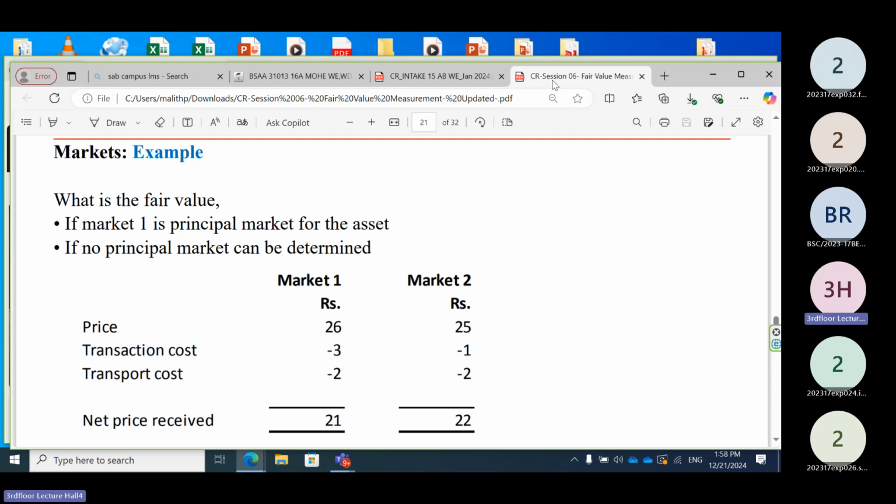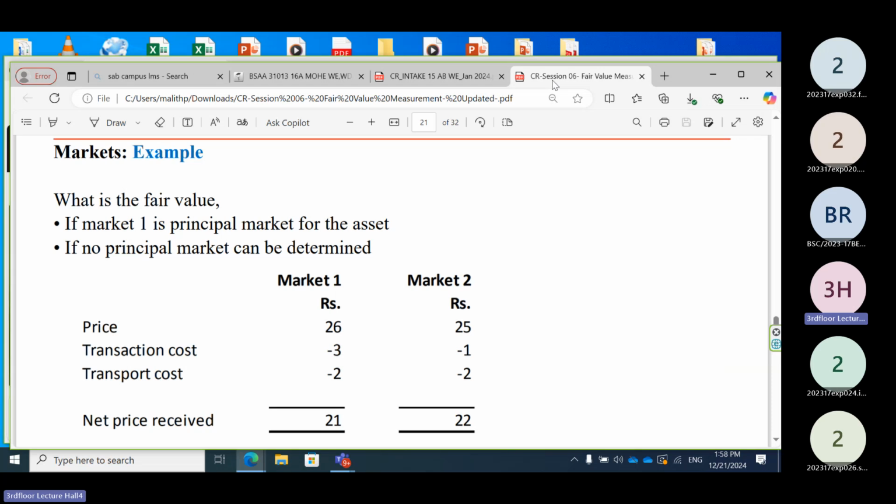Once you are doing your fair valuation, we have three techniques: market value, income base, cost base.